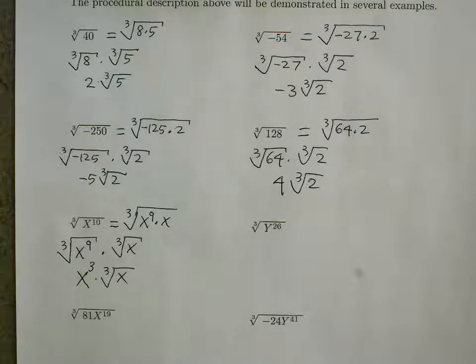We want to find the largest factor of y to the 26th that is a perfect cube. If an exponent is a multiple of 3, then that variable with the exponent that's a multiple of 3 is considered a perfect cube.